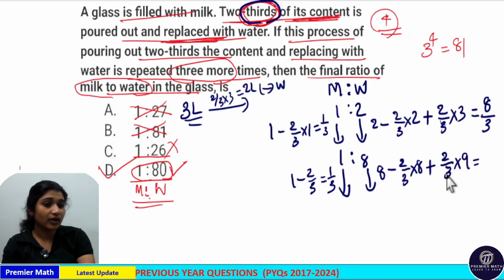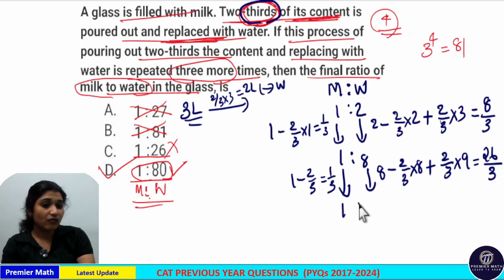You are adding the water as 2 by third of 9. You are replacing the amount of water as 2 by third of 9 here. So total sum here will be 26 by 3. So 1 by 3 is to 26 by 3 means 1 is to 26 is the ratio.